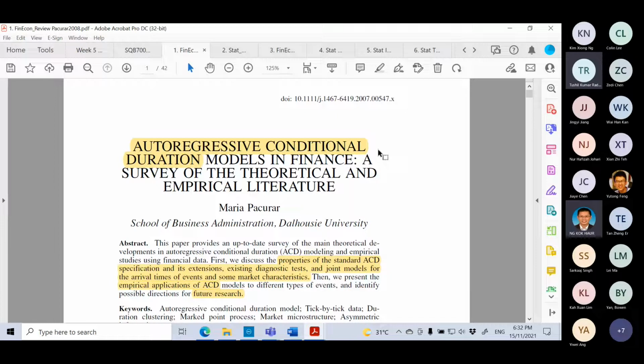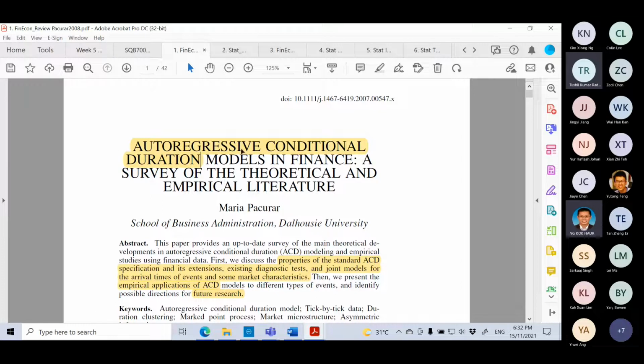So one way you can get the information is through a survey. But if you want to write this type of survey paper, I believe you need to have knowledge of this particular topic. Only then can you write all these things down.